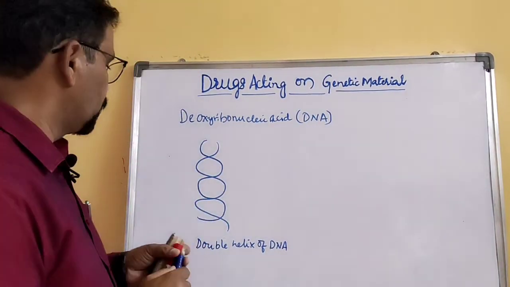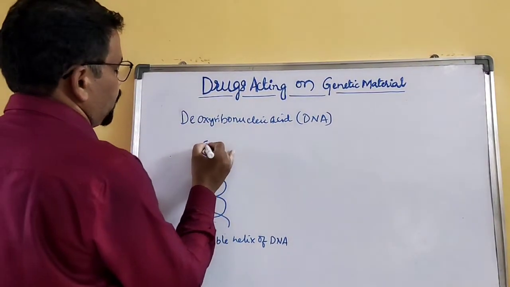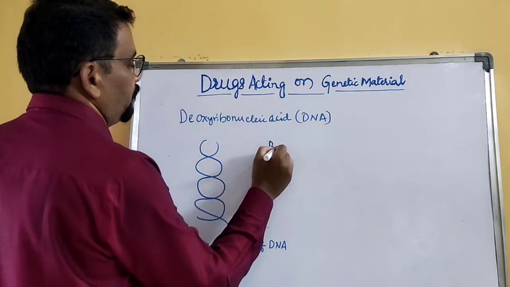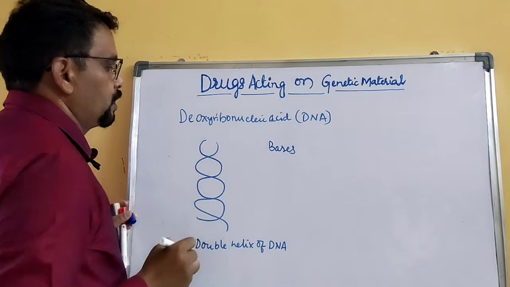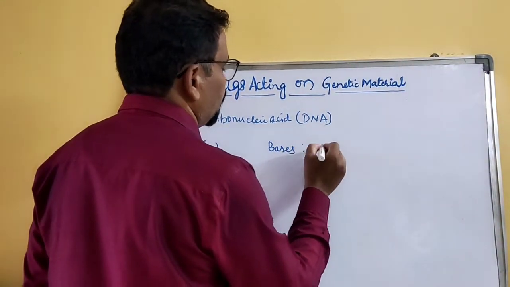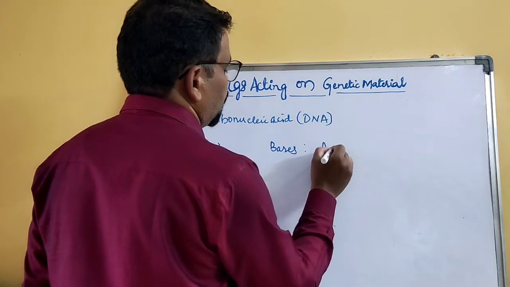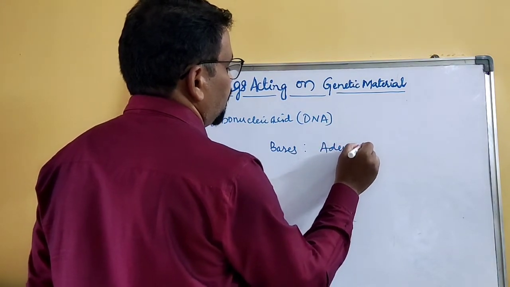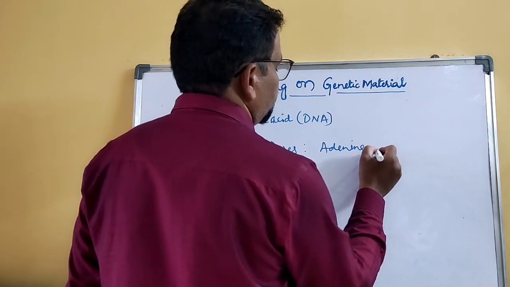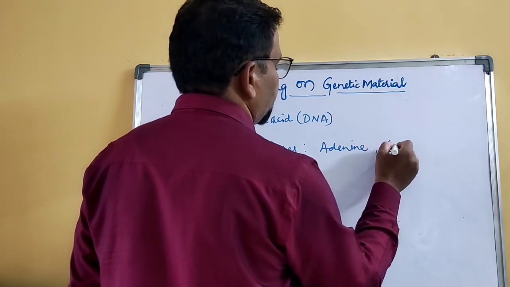So in between, the chain forms with the bases. What are the bases in a DNA chain? Adenine and guanine.